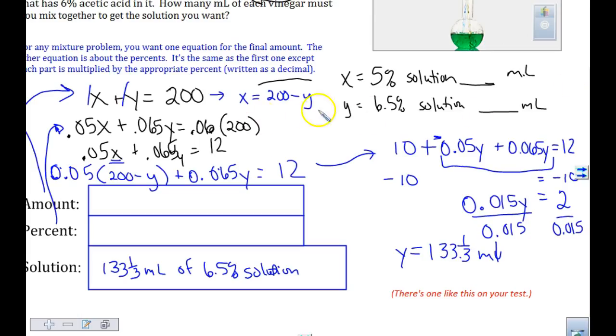Again, I think this equation is the easiest one to use, right? Take 200 and subtract 133 1/3. If we are doing that, to find x, x is equal to 200 minus this 133 1/3, we should get x equals 66 2/3 milliliters of 5% solution.